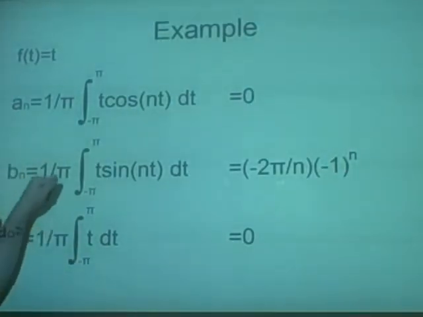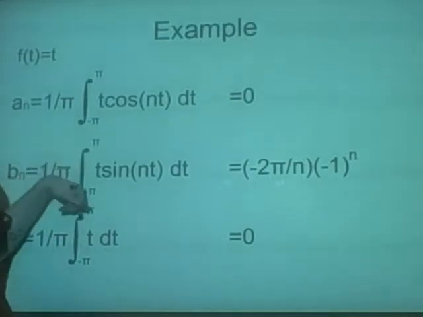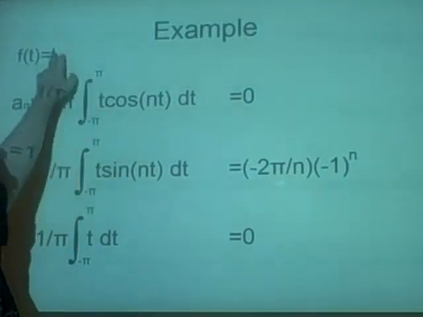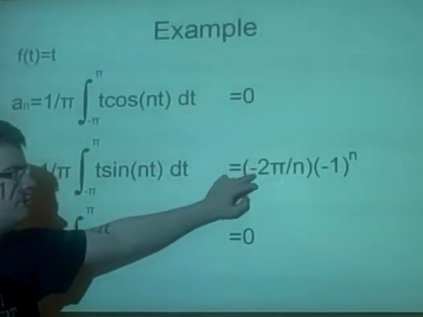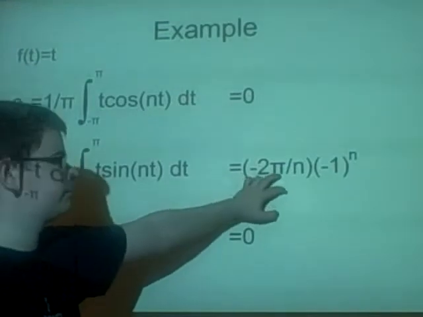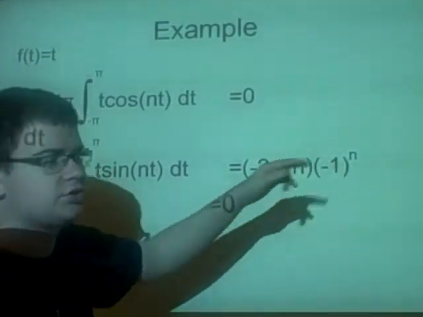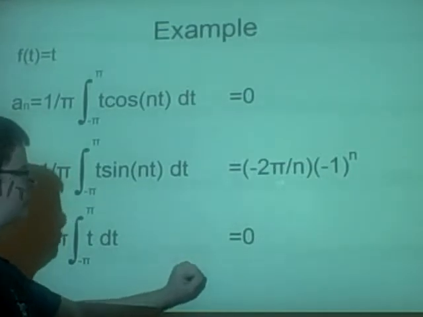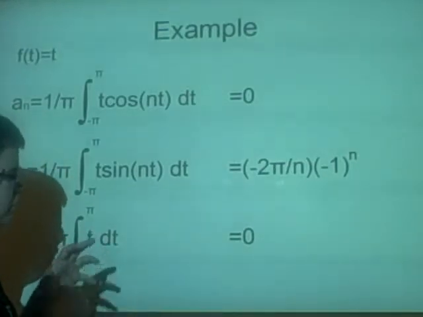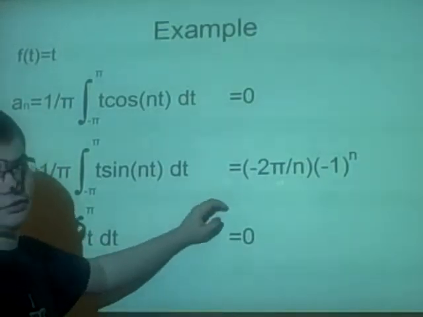Bn next, we have 1 over pi integral from minus pi to pi of t sine nt dt. And if you go through with this, you will get minus 2 pi over n times minus 1 to the n. Now this minus 1 to the n comes from the fact that once you integrate everything, you'll get a cosine nt.